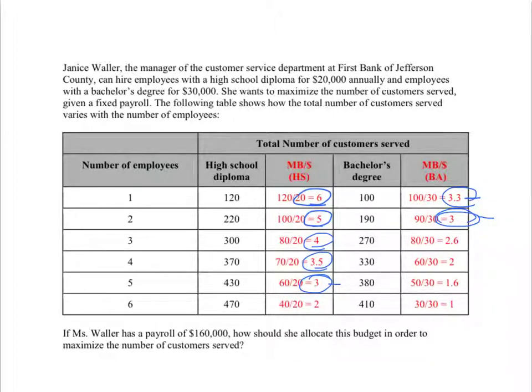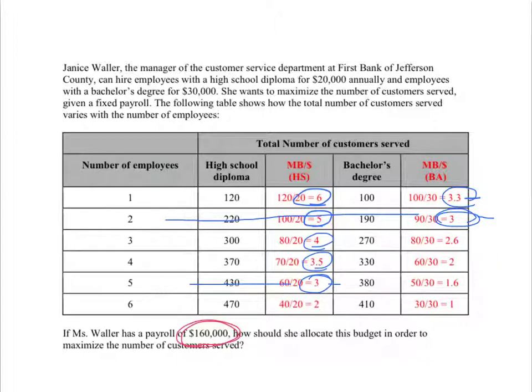But notice now, we're at 5 high school diploma employees, and we are at 2 bachelor's degree. 5 high school, remember each one has a salary of $20,000. Each bachelor's degree has a salary of $30,000. We're now at our $160,000 budget. We can't go over budget.